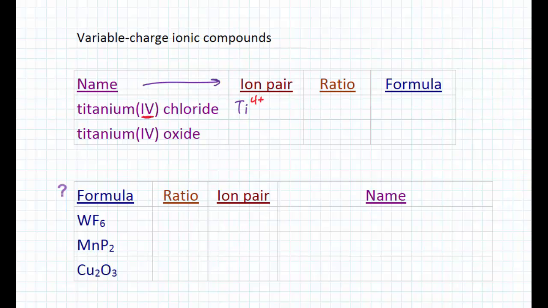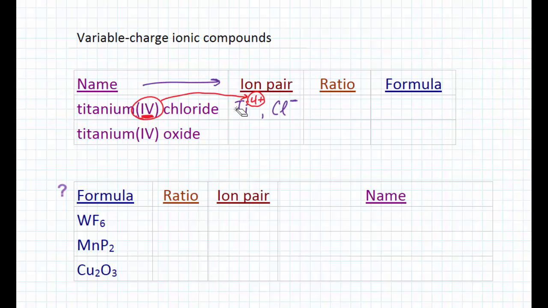If you're given a name that has a Roman numeral in it, that Roman numeral is just straight out telling you what the plus charge is. That's it. So Ti4 plus. Chloride is always what? Minus. Good. So these are the ions that we have to deal with, Ti4 plus and Cl minus.